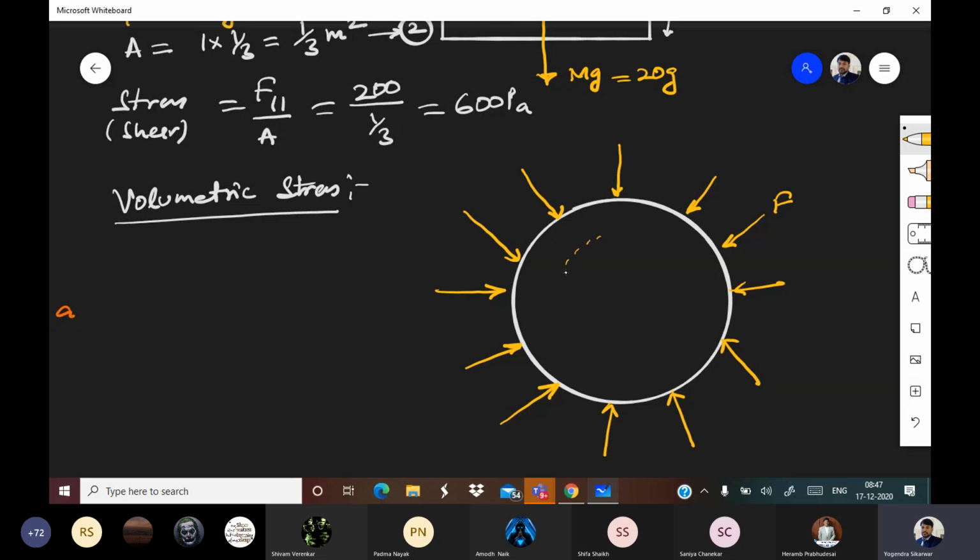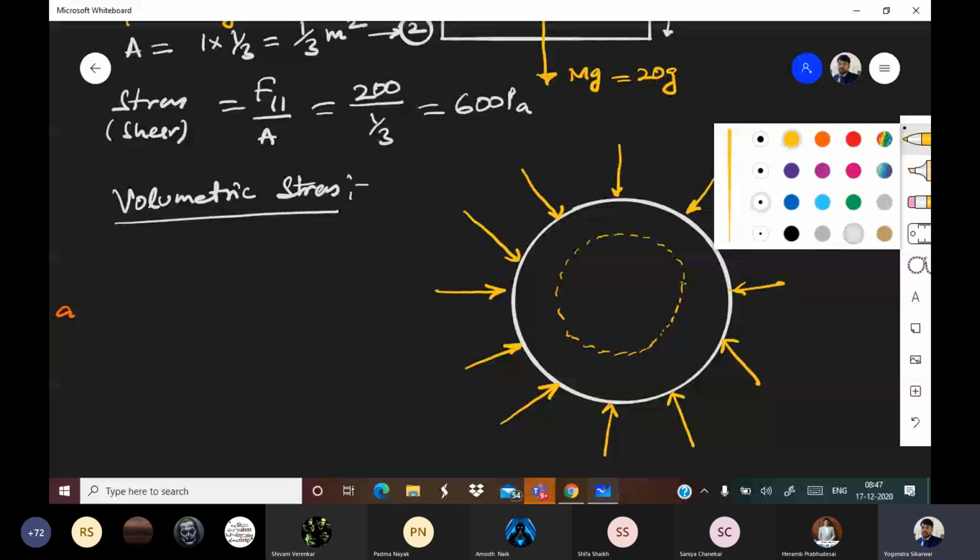So its size will become lesser or reduced. Such kind of stress which acts on an object throughout the volume is called volumetric stress. Okay, so please write.